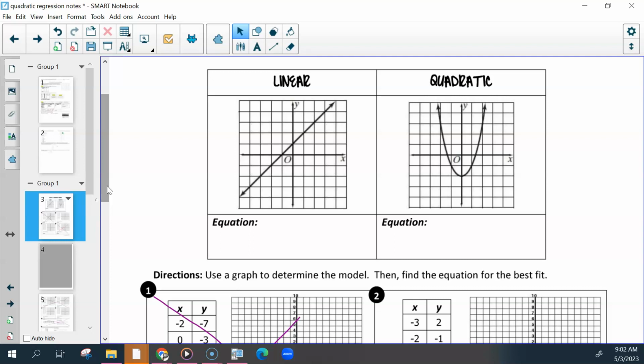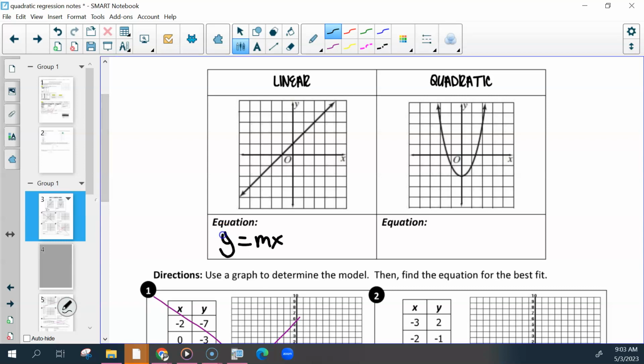Sometimes it will say curve, and it can be either. So you have to look at the points and look at the graph and see which one it is. You have to know these two equations in order to successfully do your line or curve of best fit.